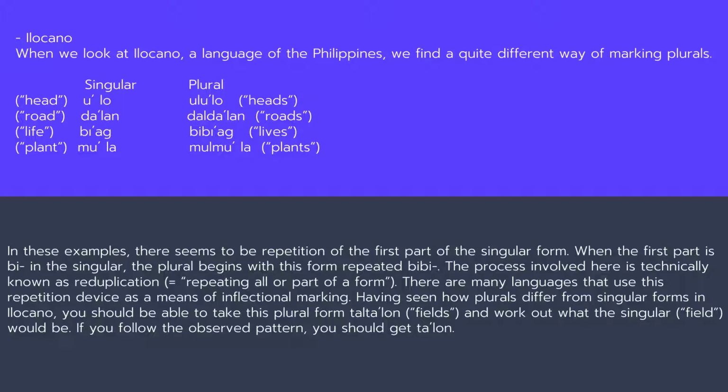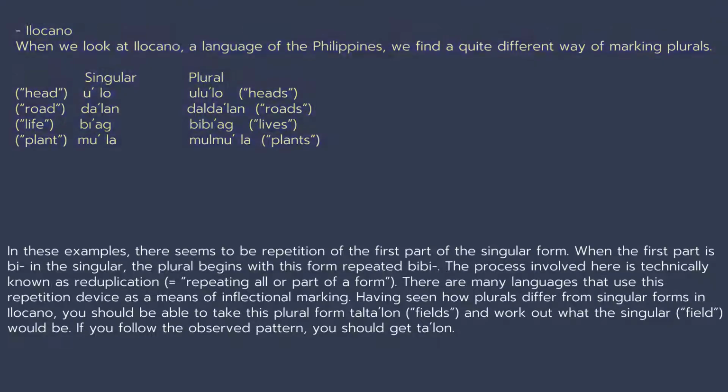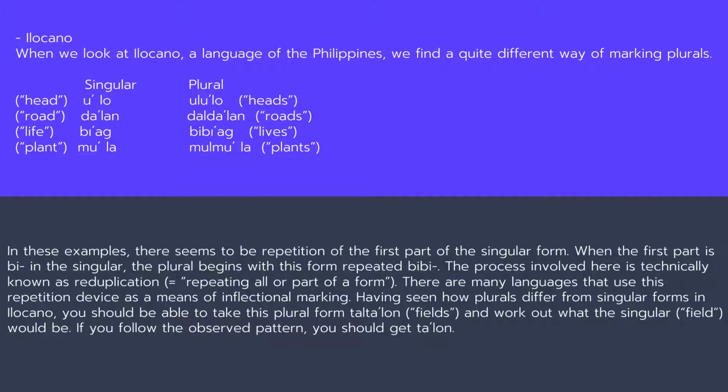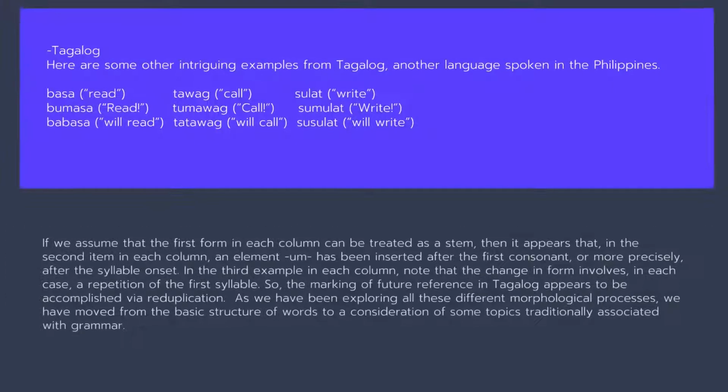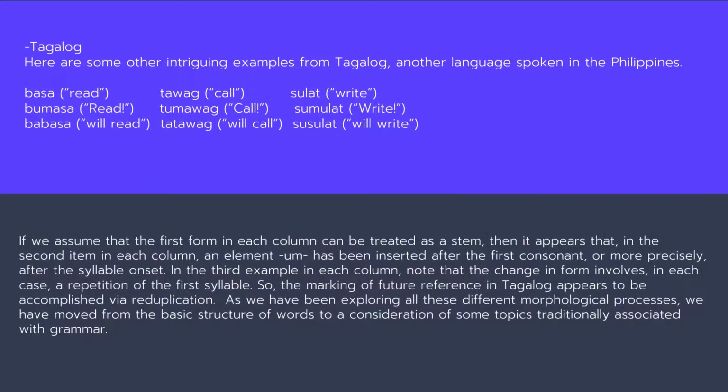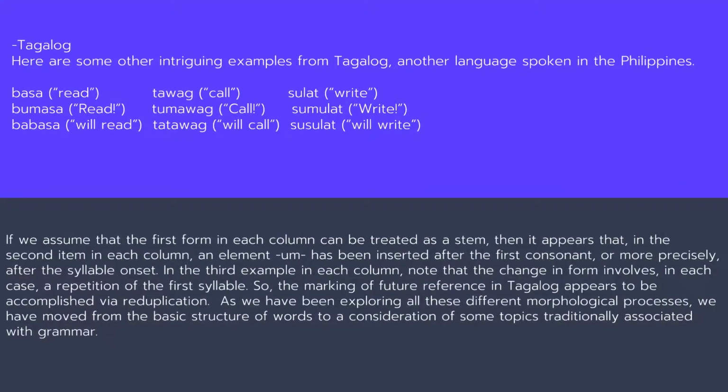There are many languages that use this repetition device as a means of inflectional marking. Having seen how plurals differ from singular forms in Ilocano, you should be able to take this plural form, tatalon, fields, and work out what the singular field would be. If you follow the observed pattern, you should get talon.